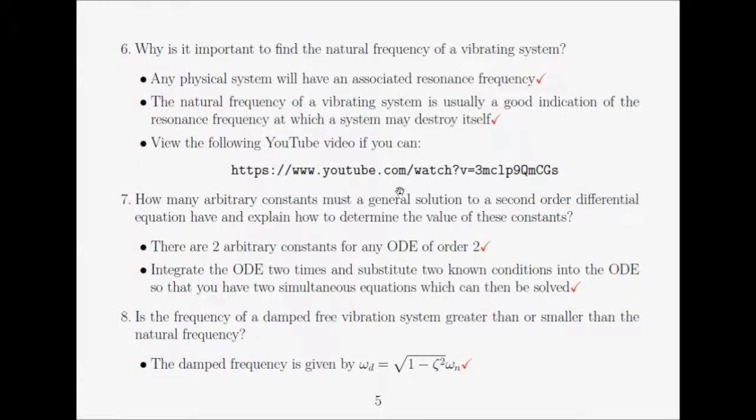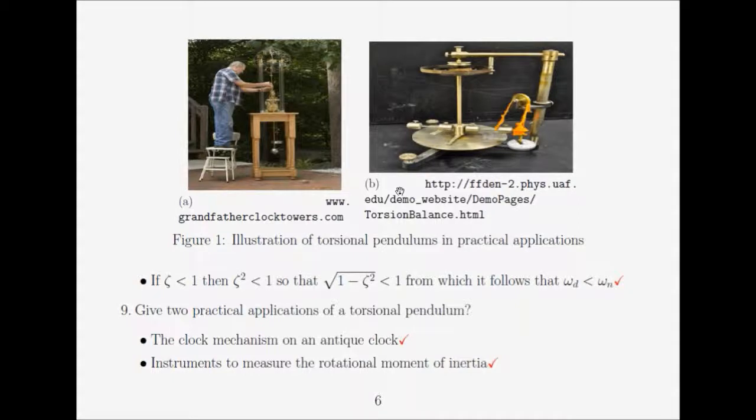The answer is it depends on the magnitude of the damping factor zeta. So if zeta is less than 1, the square root of 1 minus zeta squared is less than 1. In other words, it's less than unity. Therefore, omega d would give you the relative answer. So if zeta is less than 1, let's say it is 0.4.